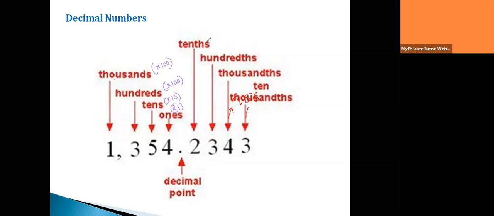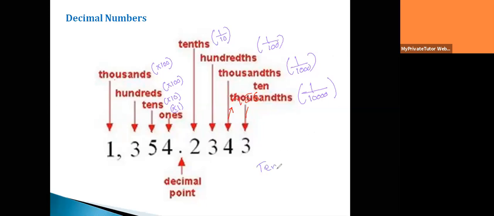But with tenths, hundredths, or thousandths, we are going to divide. Hundredths means 1 by 100. Thousandths means 1 by 1000. Similarly, ten-thousandths means 1 by 10,000. Okay, so that's the basic difference.